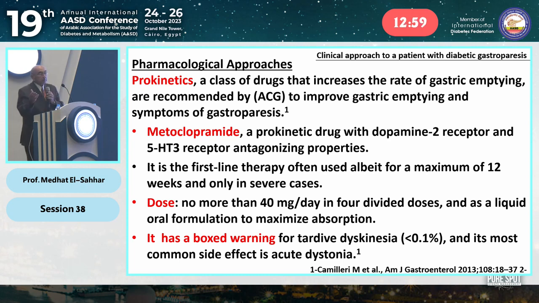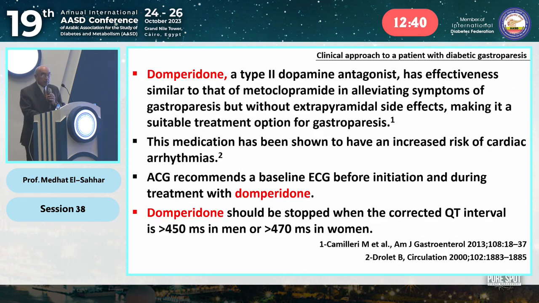All of us know the side effects. Metoclopramide has extrapyramidal manifestations, and it has a boxed warning for tardive dyskinesia and acute dystonia. And domperidone, all of us know, increases and prolongs the QT interval. So it is a must to do ECG before.